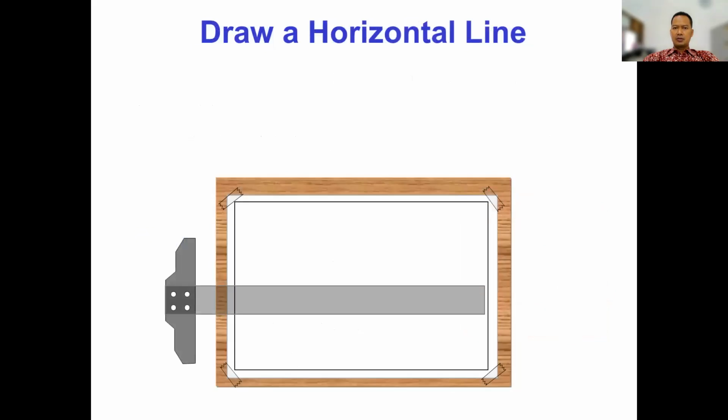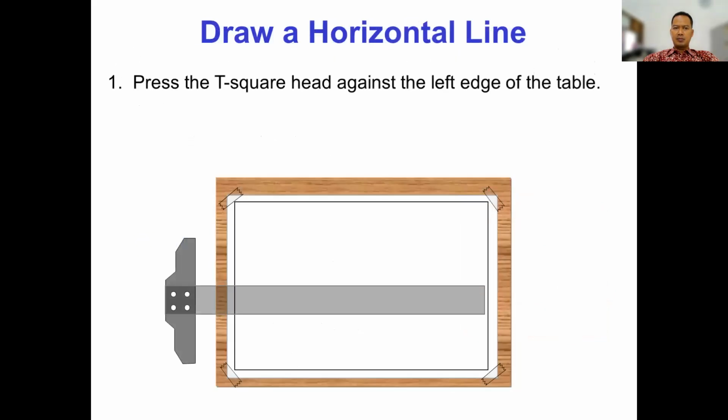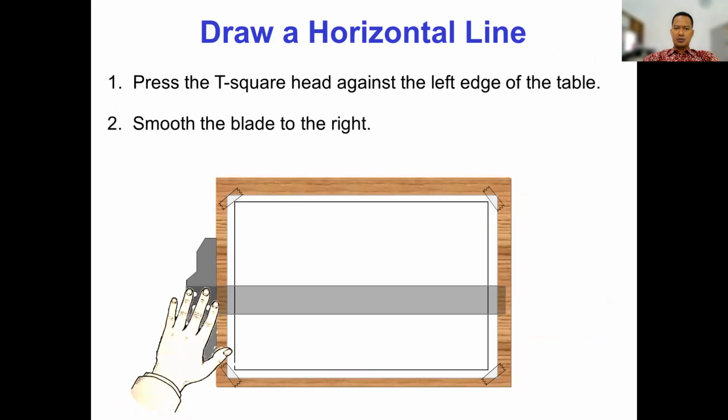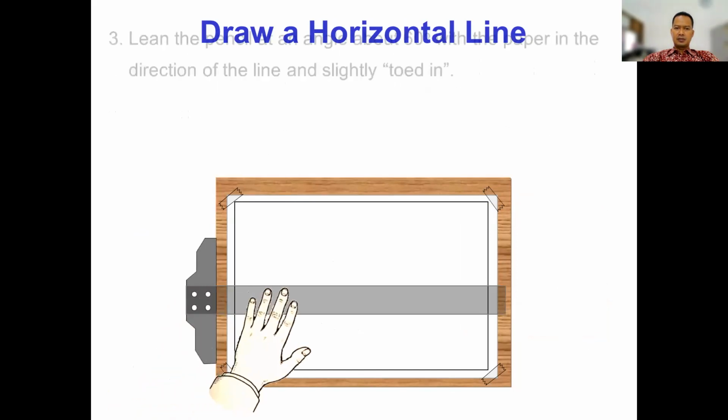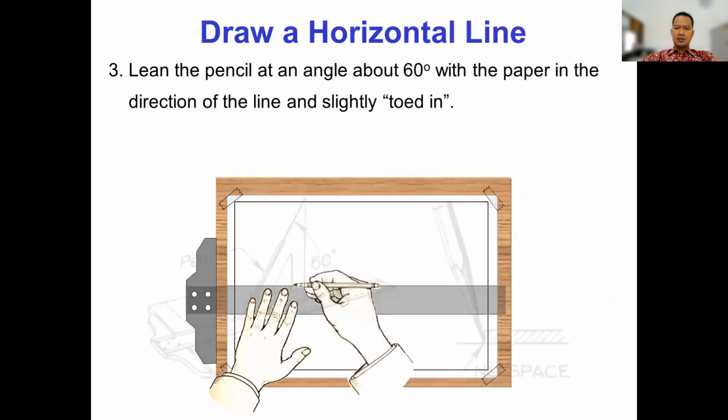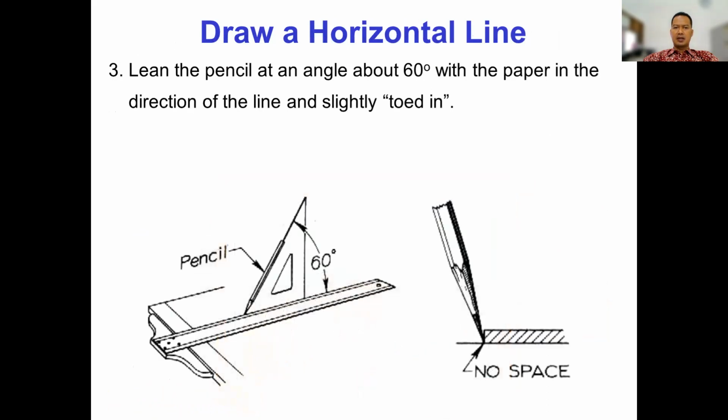And how to draw a horizontal line? Press the T-square head against the left edge of the table, and then smooth the plate to the right. And then you can draw a straight horizontal line. Also, lean the pencil at an angle of about 60 degrees with the paper and the direction of the line, and slightly tilt it.